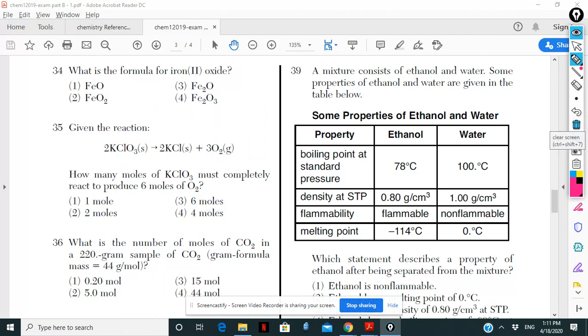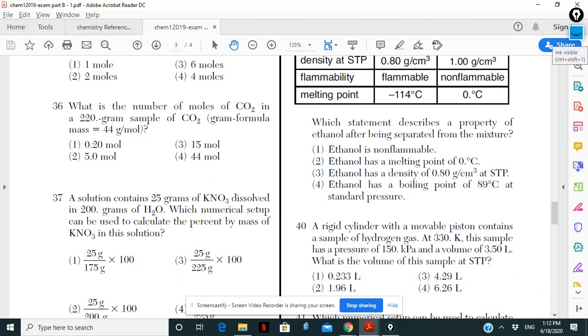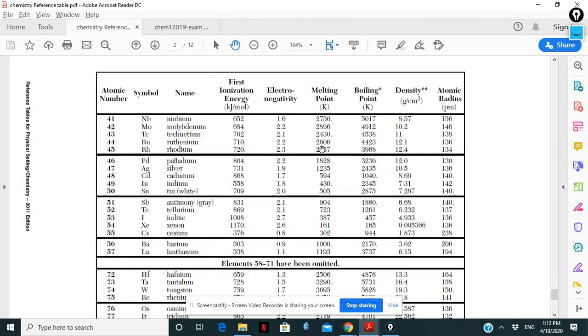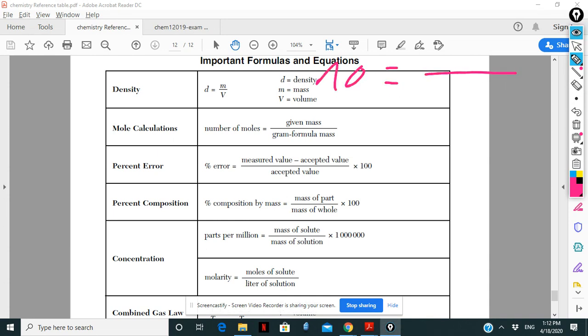Question number 36. What is the number of moles of carbon dioxide in a 220 gram sample of carbon dioxide? The gram formula mass is 44 grams per mole. So I'm looking at the reference sheet, the last page, the mole calculation. The number of moles equals the given mass over the gram formula mass.